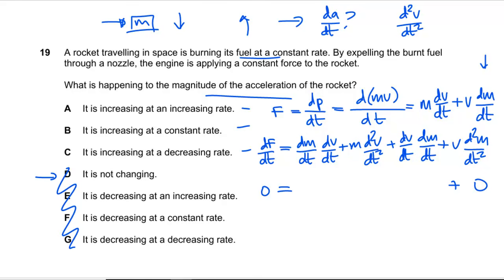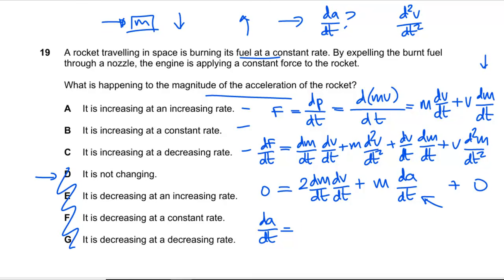We've got 2 lots of dm/dt dv/dt, and then an m times the dA/dt that we're looking at. We want to know whether dA/dt is positive or negative. So dA/dt is going to be minus 2 over m, dm/dt dv/dt.